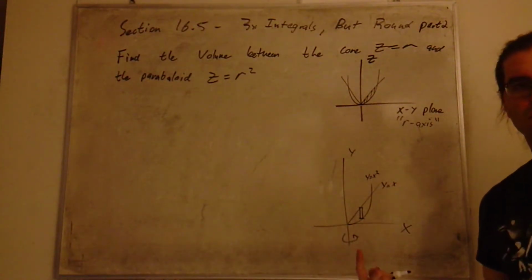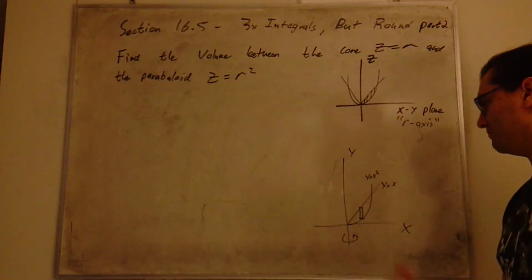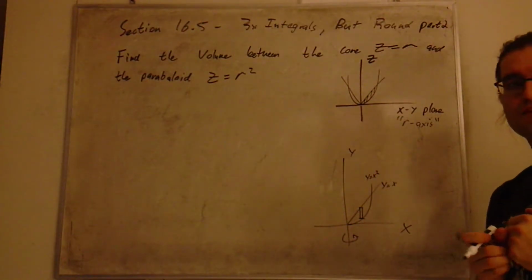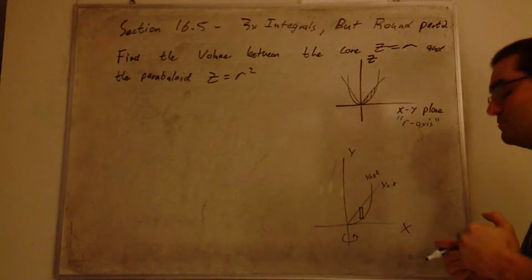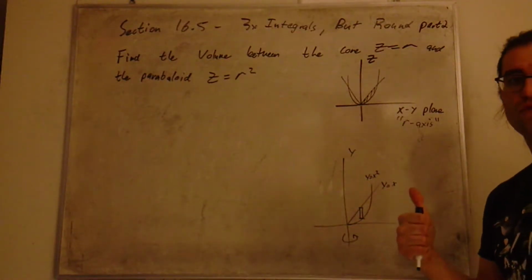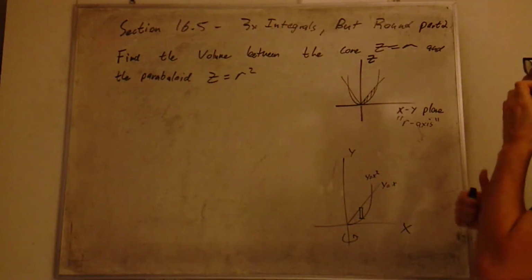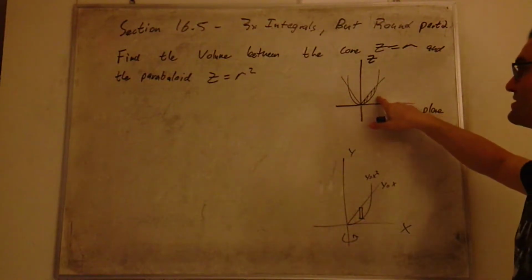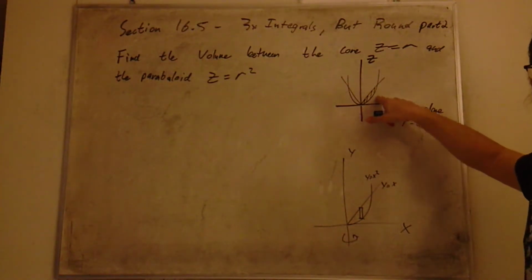I think the book called it the shell method. If you're having flashbacks to that, great. We are going to find essentially the same volume here in a very different way.